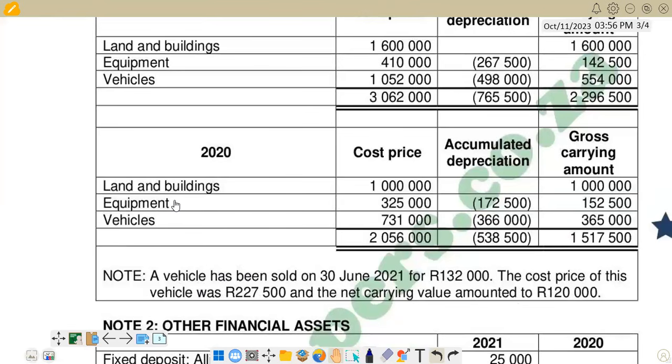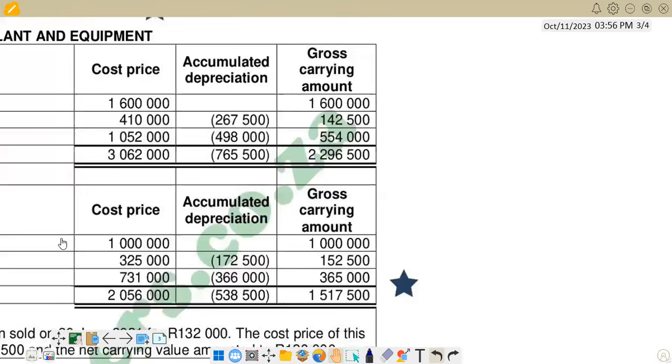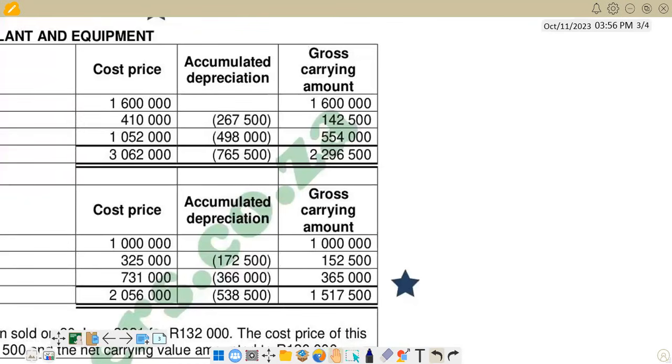But for equipment, there was no equipment disposed, and no equipment was purchased. So it's easy to calculate when it's like that. We can just take the accumulated depreciation for the current year, and then subtract the accumulated depreciation for the previous year. Then we get the depreciation that we are supposed to charge for equipment. So let's do this for equipment.